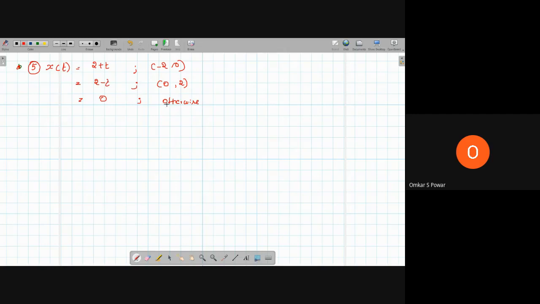So now how do you solve the problem? E is equal to the integral from minus infinity to infinity of mod x of t the whole square dt. So integral -2 to 0, 2 plus t the whole square dt plus integral 0 to 2, 2 minus t the whole square dt.